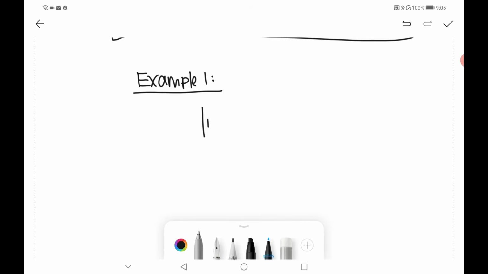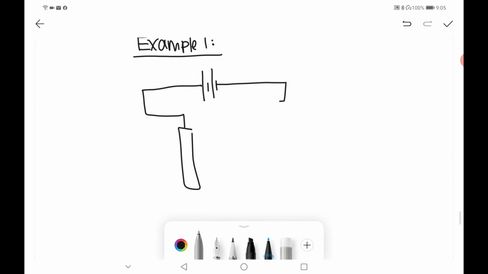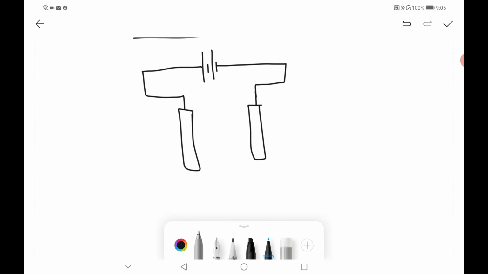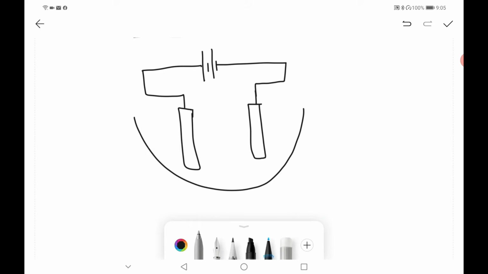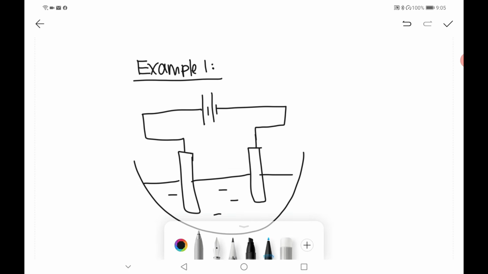We have a battery, we have wire, and we have 2 pieces of electrodes. Then we have a crucible, and in the crucible we have a liquid, our electrolyte.